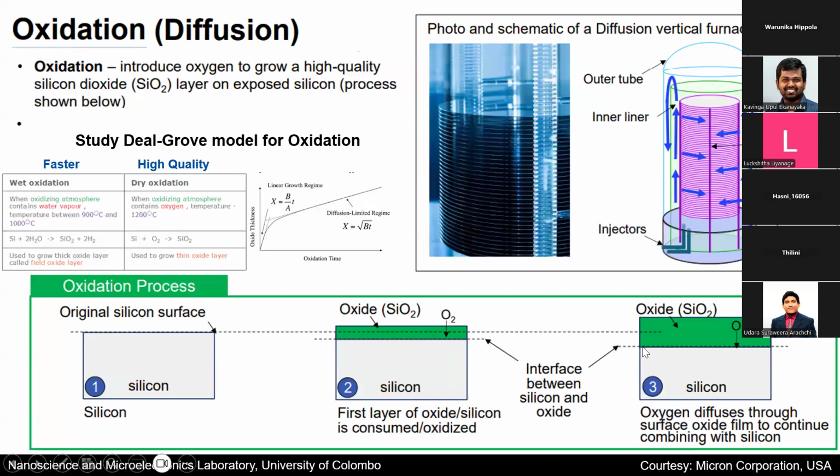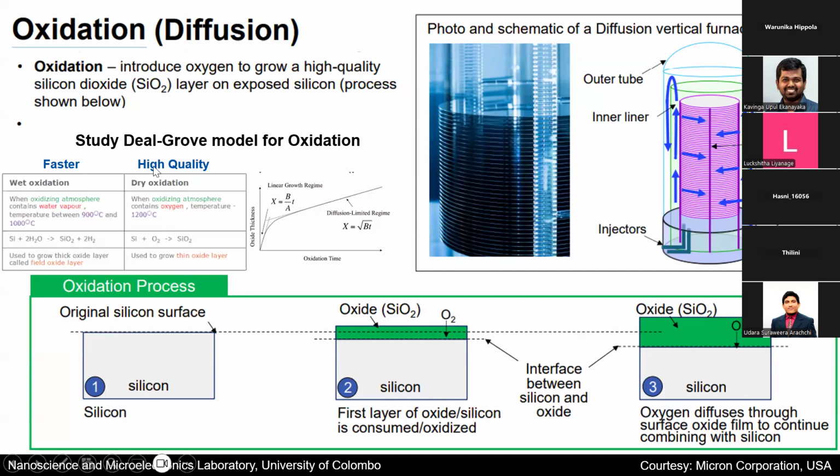So the oxide is actually formed at the interface, and the previously formed oxide keeps moving up. Initially, the oxide thickness growth is linear, increasing linearly with oxidation time because there is no oxide. But later on, it's diffusion limited because the oxygen has to diffuse through the oxide to reach the interface.